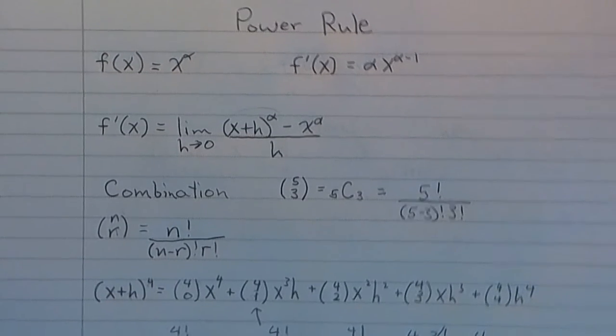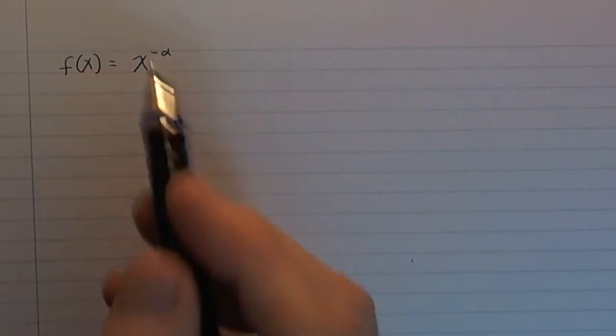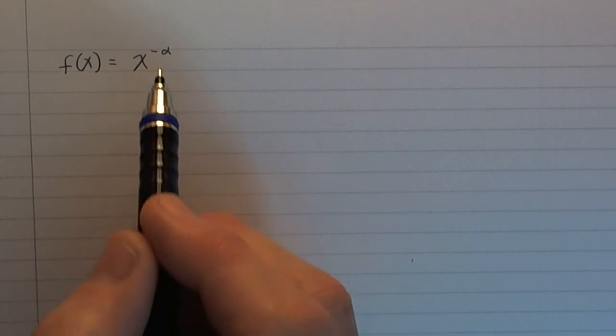Now let's suppose we want to look and see, well, what happens when alpha is a negative integer? So let's suppose that we have a situation like this where we have x to the negative alpha. I'm not going to call alpha a negative integer. I'm just going to say alpha is a positive integer, but you've got a negative in front.